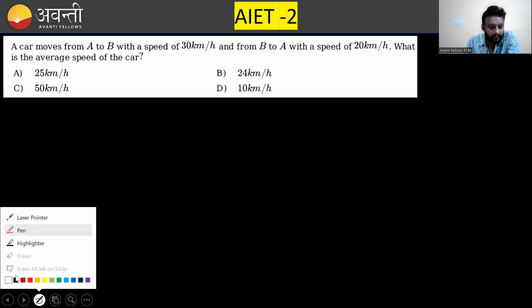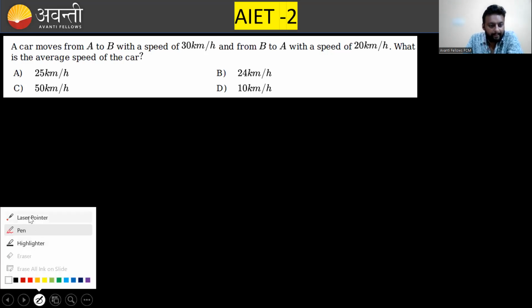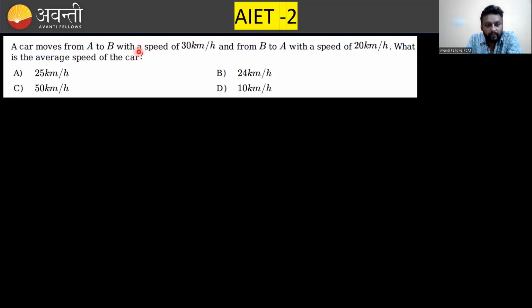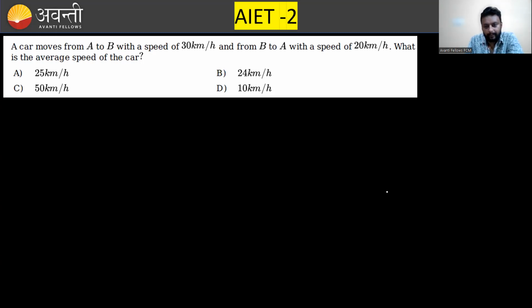Question says, a car moves from A to B with a speed 30 km per hour and from B to A with a speed 20 km per hour. That means the car is going from A to B and then coming back to the original point. What is the average speed of the car? So let's just draw the situation.